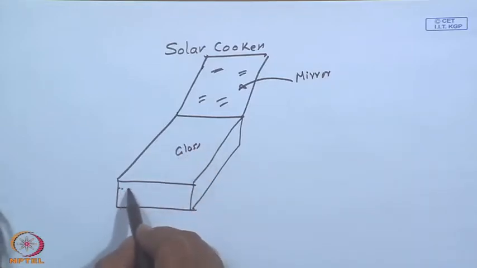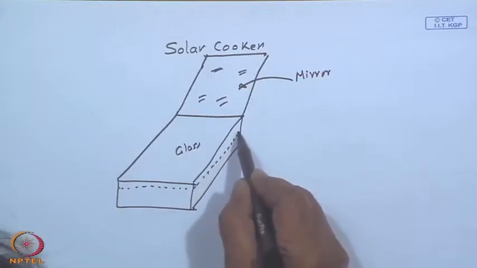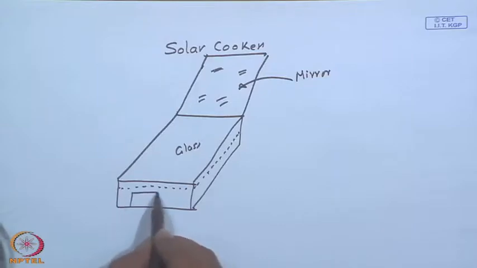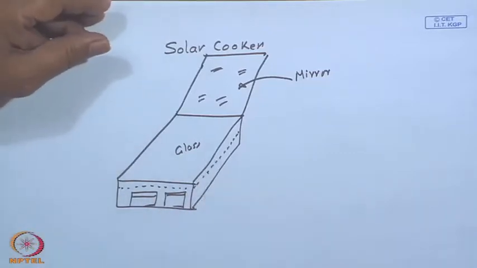There could be even two, and then you have your utensils. Place 3 or 4 of them as the case may be.